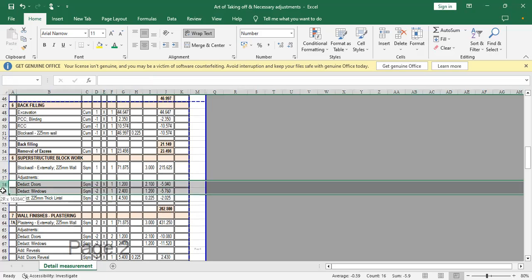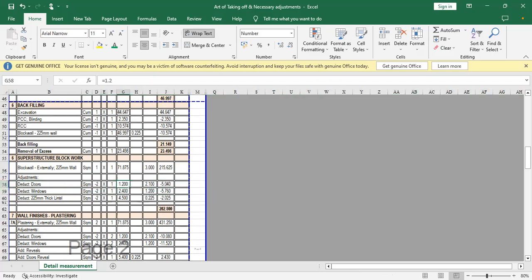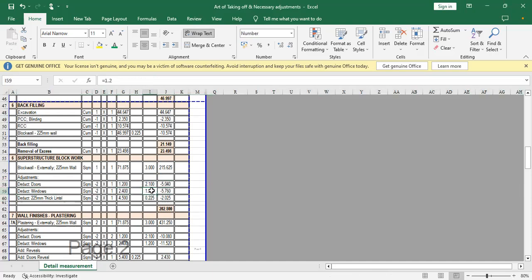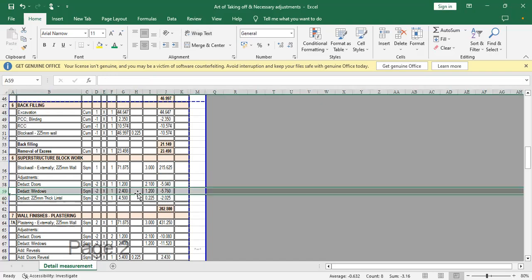Now we need to make deduction for doors and windows. Here we are dealing with door of 1.2 meter by 2.1. We have two number of them. So that is why we have 1.2 by 2.1 for door. Likewise, window, we have window of 2.4 by 1.2, two number of them.